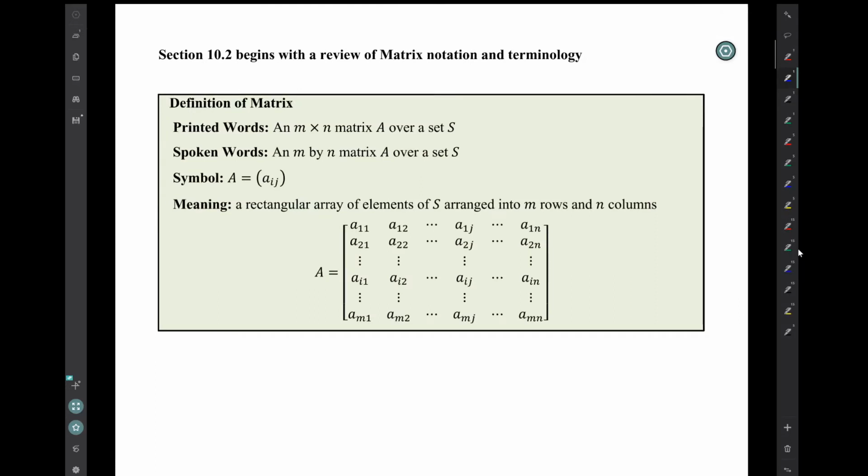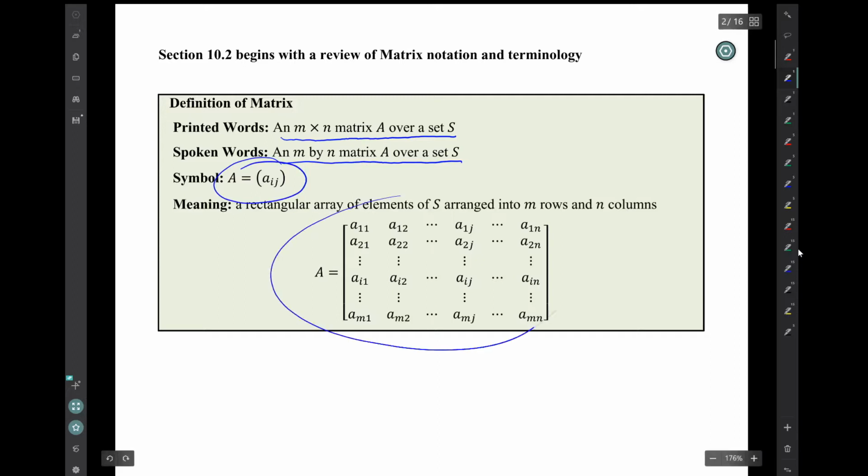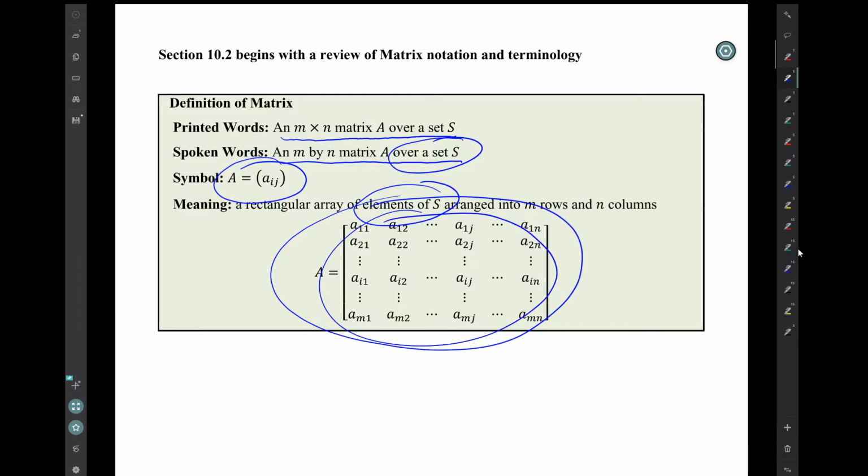These words in print, an M cross N matrix A over a set S, are spoken this way: an M by N matrix A over a set S. This symbol denotes those spoken or written words. What it means is a rectangular array of elements of S. When you say over a set S, that's telling you what set these elements in this rectangular array are drawn from.